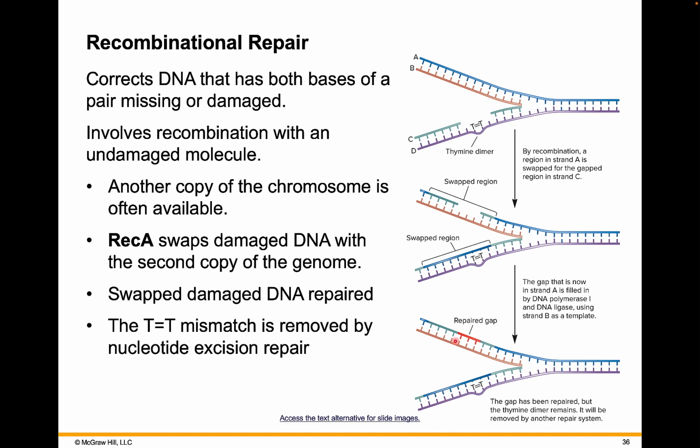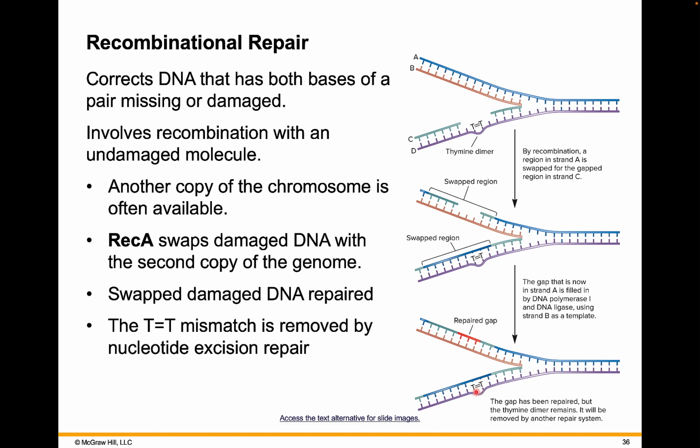You can think of this as almost like a homologous recombination process. Now you have this gapped region right here, and it can be filled in by DNA polymerase I, and the gap can be sealed by DNA ligase. So you have this strand perfectly fine.